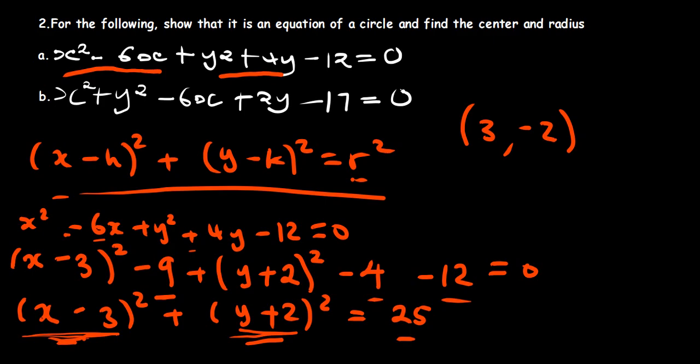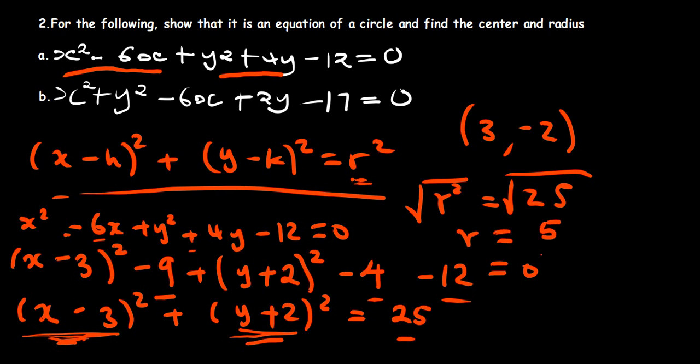I see in here it's r squared, so r squared is equal to 25. I put it in the root, so my radius is 5 in this case. So this is how you solve the first part of the question.